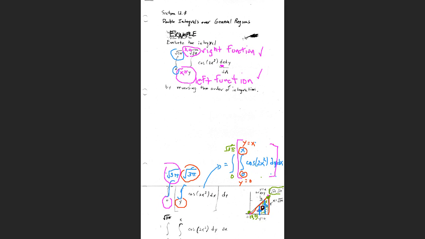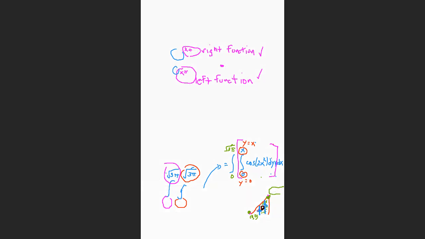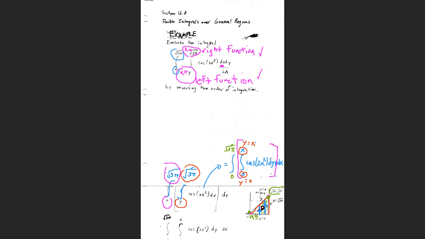I just want everything to be extremely clear. So the inner integral, you're integrating with respect to y. Here, you're going to hold x constant, and because of that, we can treat the cosine of 2x squared as a constant.